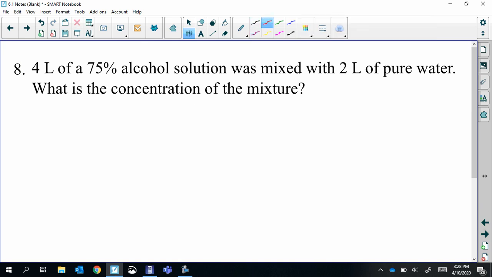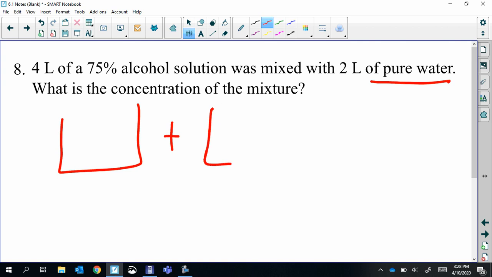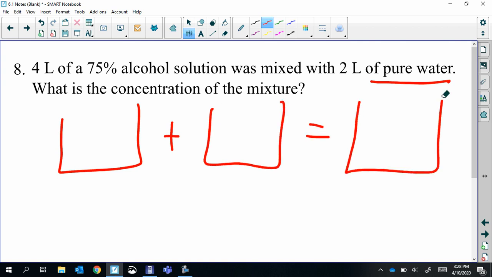All right, so now we're mixing alcohol with water to dilute the percentage of alcohol that's in it. Now, pure water would have 0% alcohol in it. So as we're mixing these two things together, we have 75%, 0%, and we're finding the final concentration.